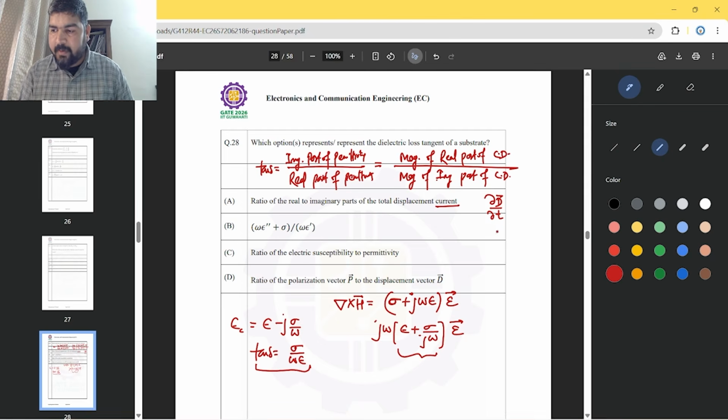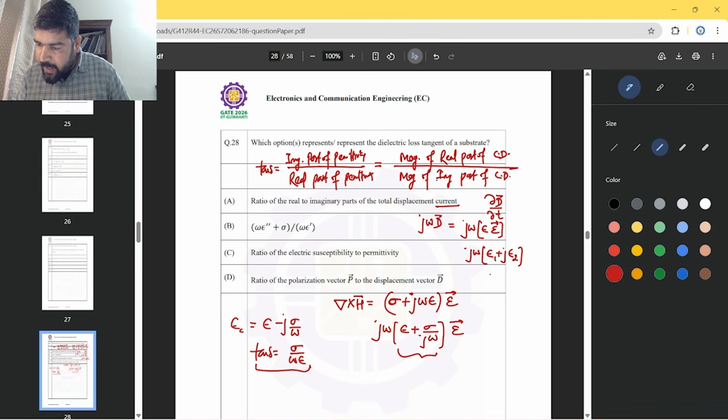So what is the real part and the imaginary part? We can write it as j omega D, and D can be written as epsilon E. Let's assume that this permittivity has a real part and an imaginary part. So j omega (epsilon 1 plus j epsilon 2) E. Let's say this is the imaginary part, this is the real part.